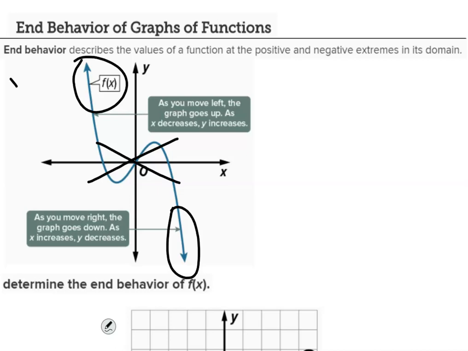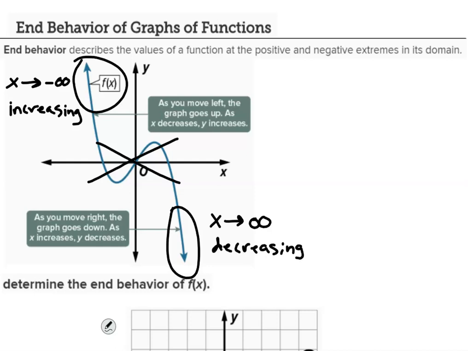So what we would say is on this end, we would say as x goes to -infinity, meaning as x goes smaller and smaller and smaller, our graph is increasing in this case. And then down here, we would say as x goes to +infinity, our y values are decreasing.